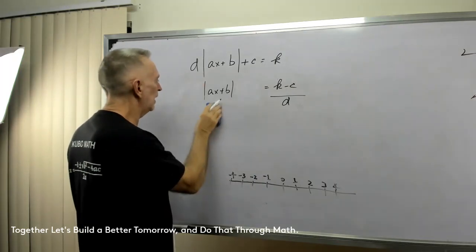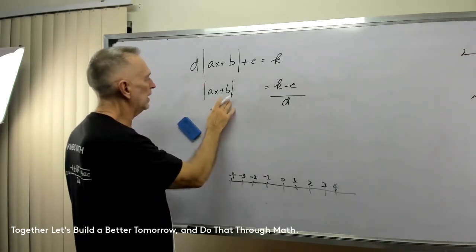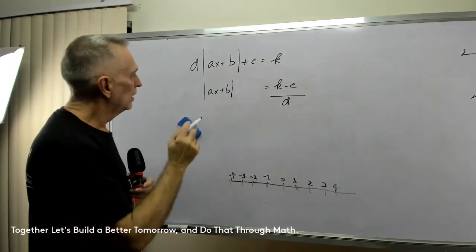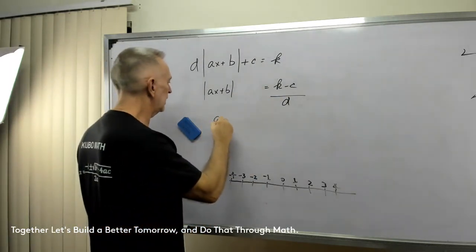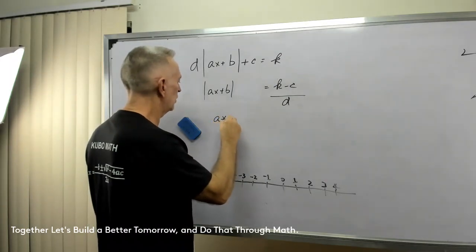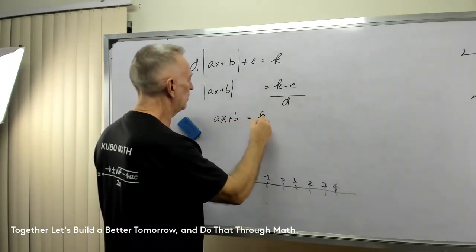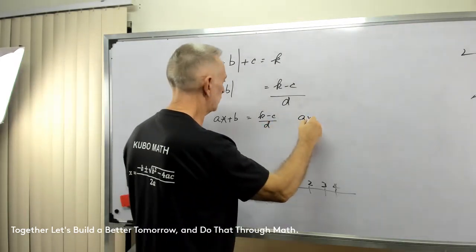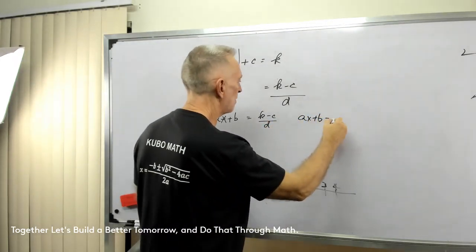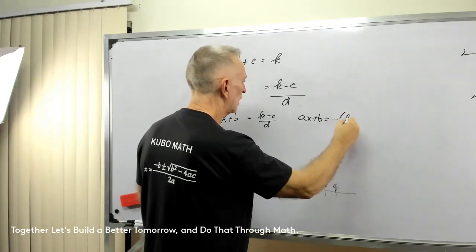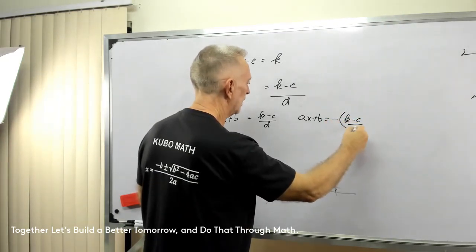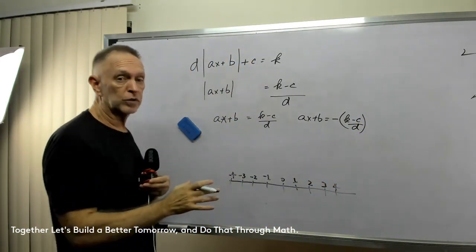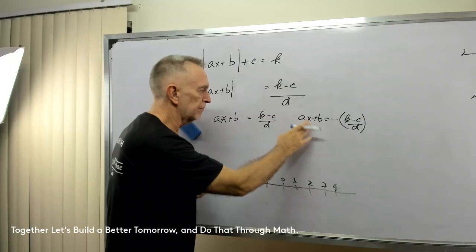So now I have the absolute value of AX plus B equals K minus C over D. Now you can see we would say AX plus B equals K minus C over D. And then AX plus B equals minus K minus C over D. So we would, same as we've worked earlier, and then we could solve that for X.